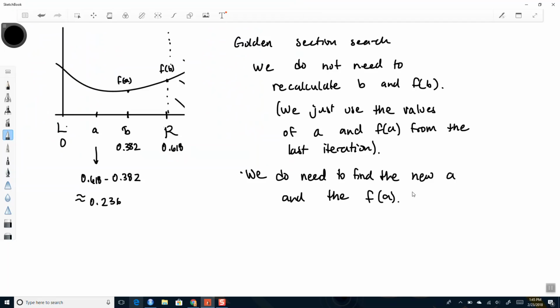Okay, so to kind of summarize how this goes about, the golden section search. Okay, so you'll need a function f, a left, and a right.